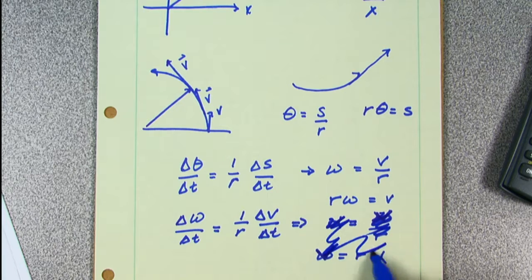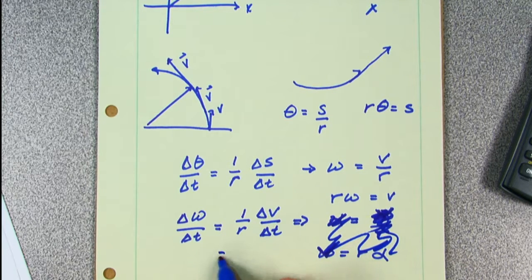We'll try this again. That is A. That is alpha. Thank you very much. R alpha is equal to A.